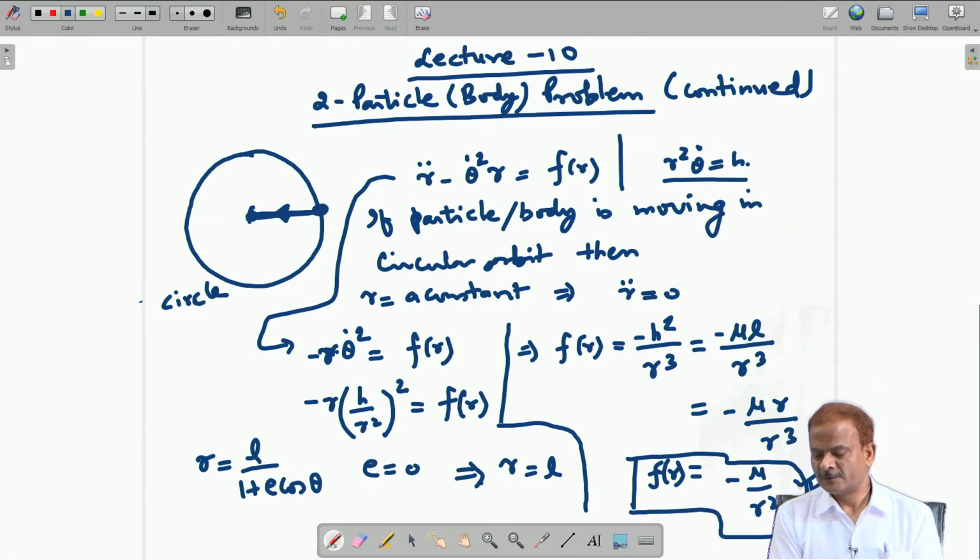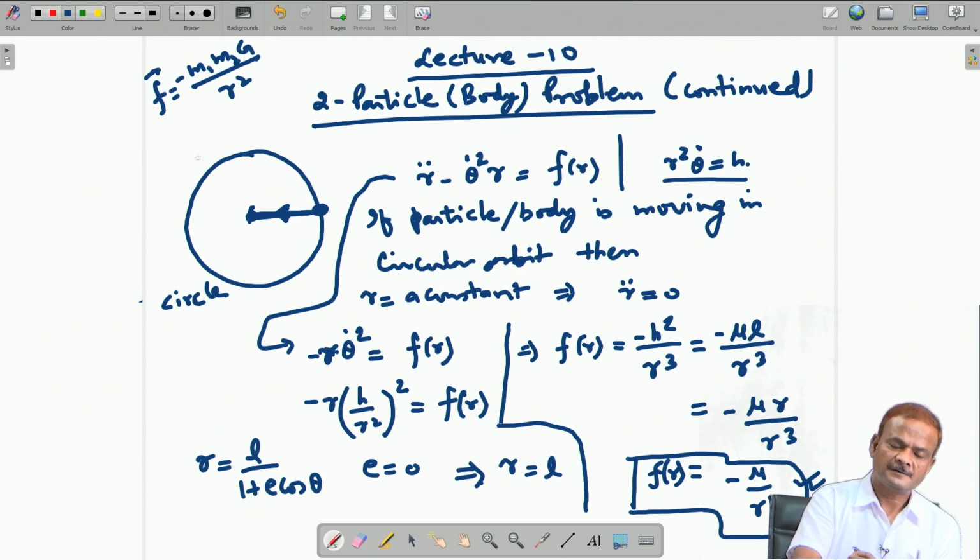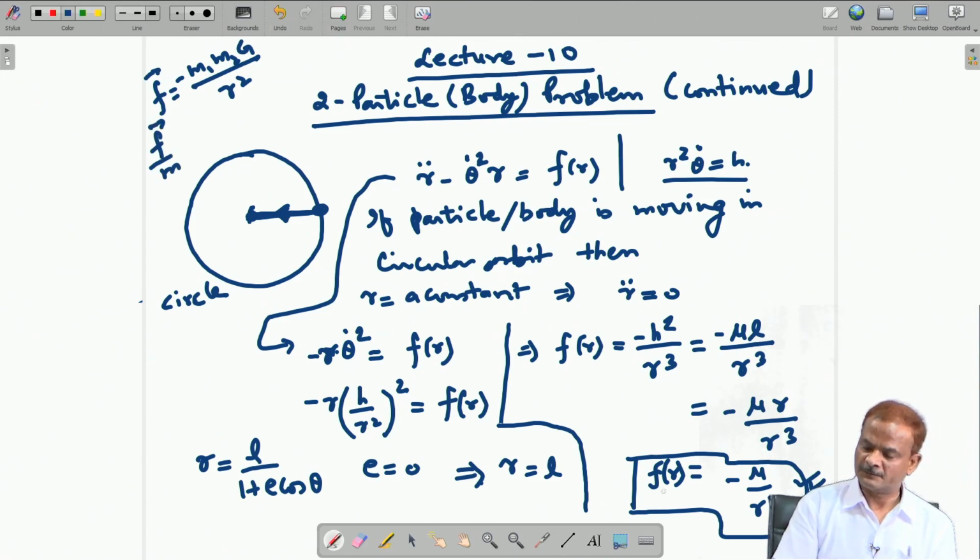This is your gravitational force equation, F equal to minus m1 m2 g divided by r square. If we divide by m, this is the force per unit mass.